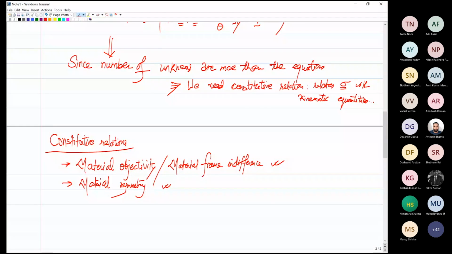And then, of course, the second law of thermodynamics, that inequality, also gives you some restriction on how the constitutive relation should look.